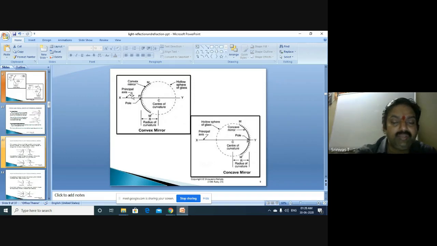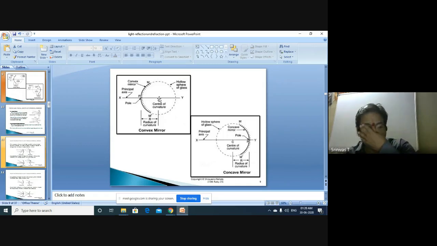You can see that in both cases, convex or concave, both are part of a hollow sphere, such as a hollow sphere of glass. Exactly this is the center, and this is the curvature. If you extend this curvature, you get a sphere, and the center of the sphere is said to be the center of curvature. As the name implies, it is the curvature and its center.